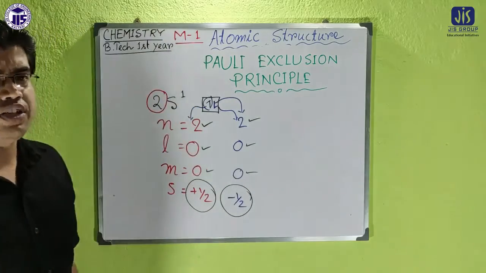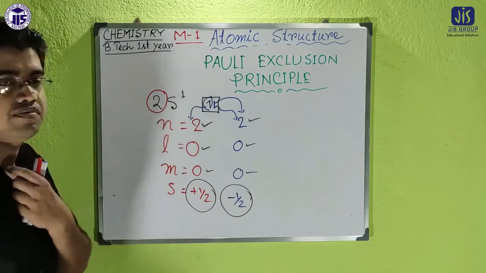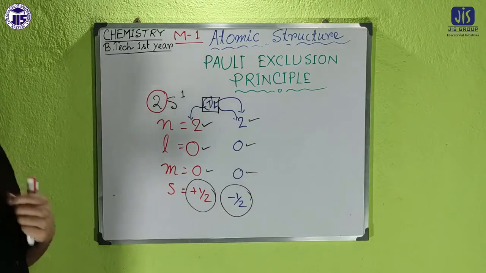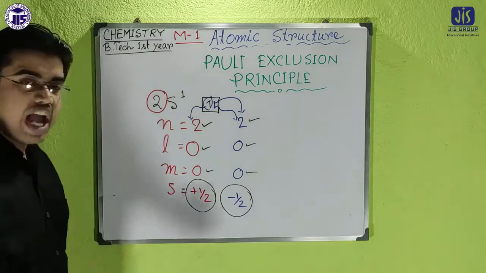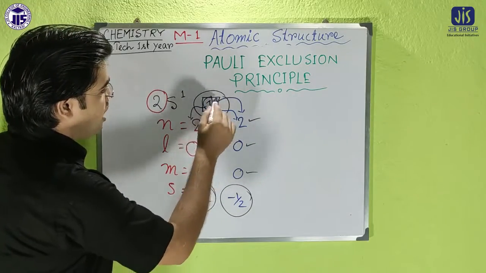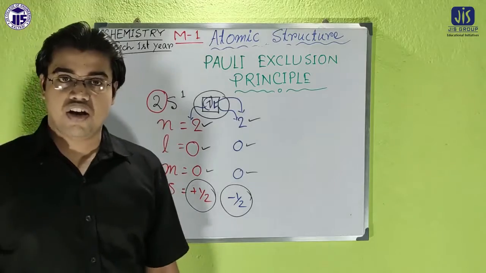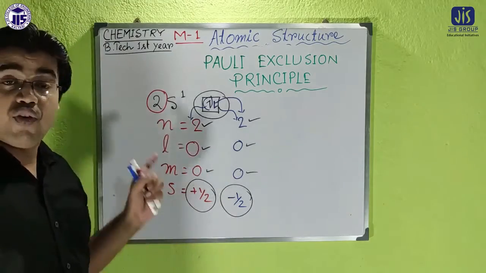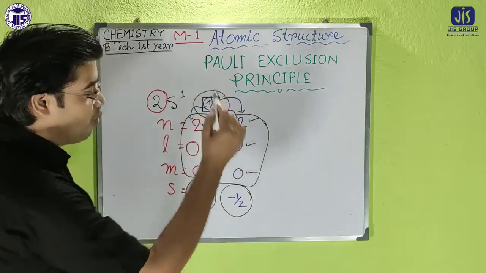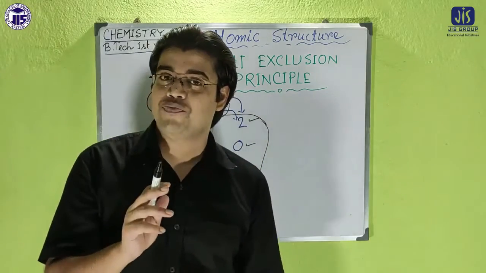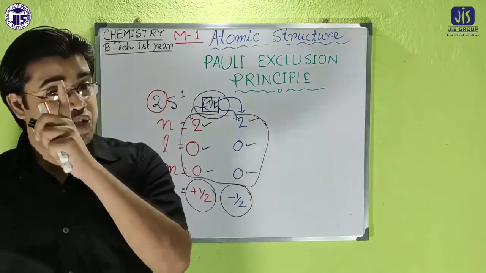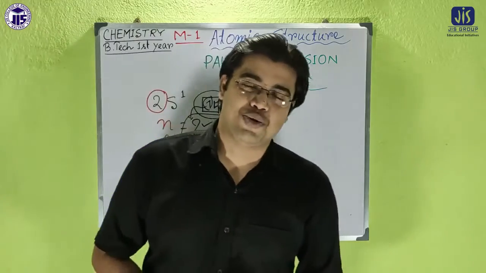So think about it: if we consider 2 electrons in any particular subshell or orbital, then a maximum of 3 quantum numbers can be the same but not the fourth one, and this is actually the Pauli Exclusion Principle.